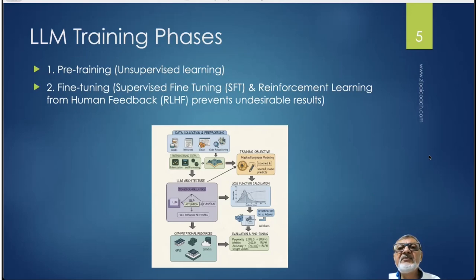Human feedback means a human monitors what results are being created by the AI model. There is a human feedback loop, and human feedback provides a grade to the kind of output created by the model. And if that grade is higher, that model is more reliable. When we talk about model fine-tuning, we'll discuss more about how we fine-tune a model.